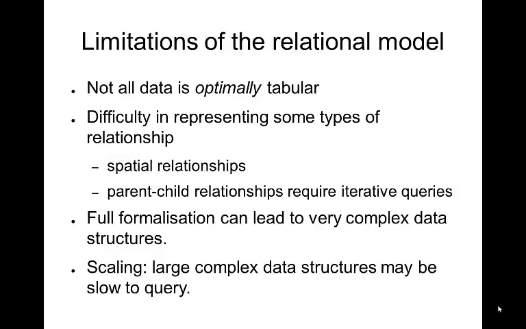While that may be a good idea in theory for minimizing redundancy and dependency, you may end up with very large, complicated data structures that are slow to query, and therefore your database doesn't scale very well. Scale meaning more records, more people accessing. So there are real limits. While the relational model is highly successful, never forget it has its limitations.